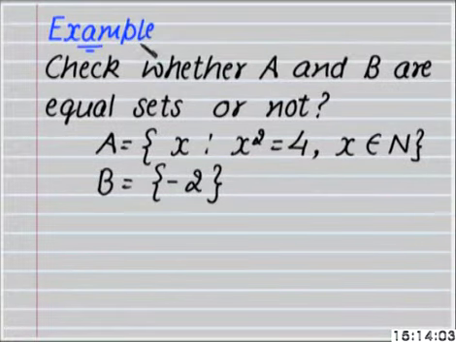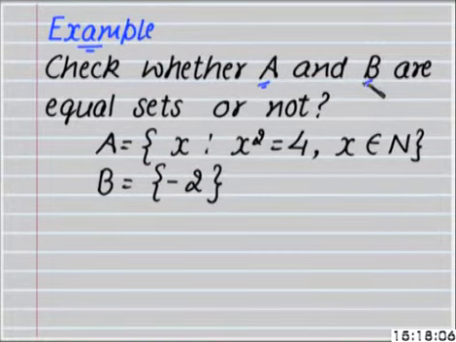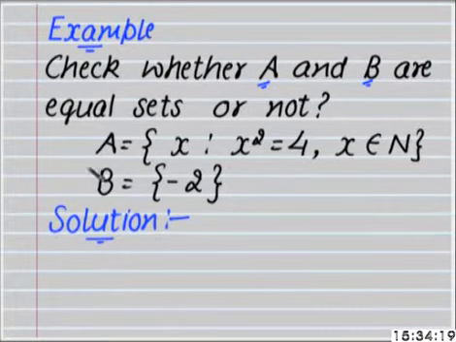Now let's see another example. Check whether set A and set B are equal sets or not. The given sets, set A is set of all x such that x square is equal to 4 where x is a natural number and B is a set containing element minus 2. Now its solution.